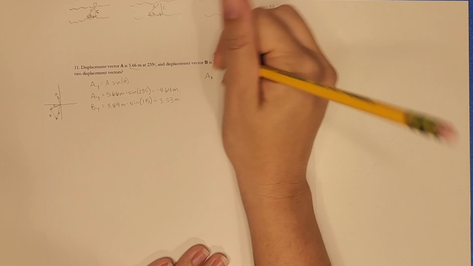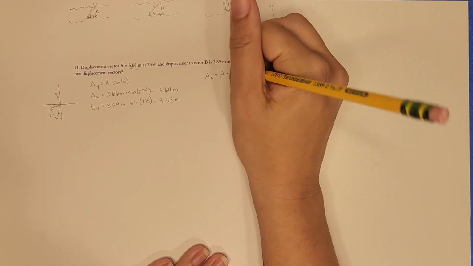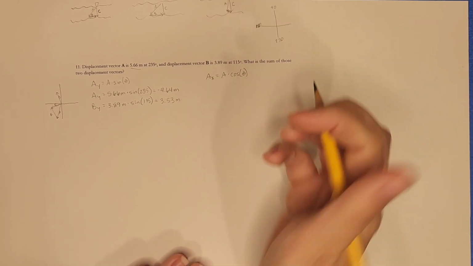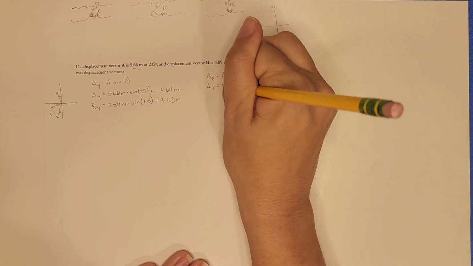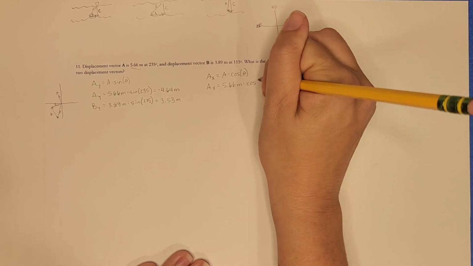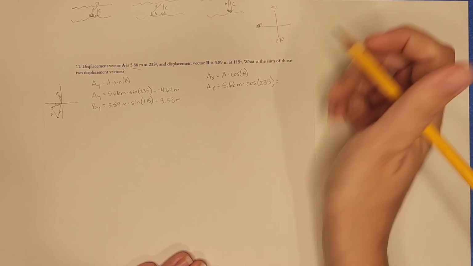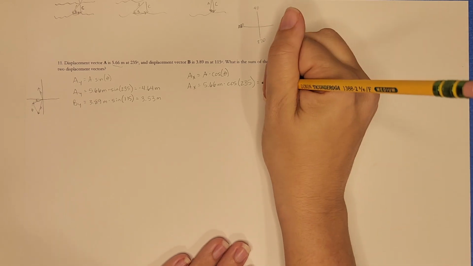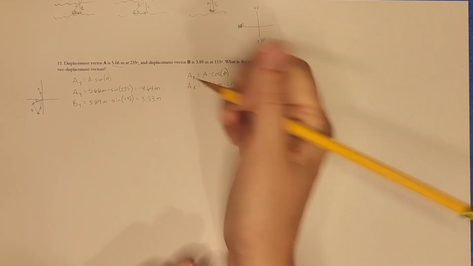As a reminder, ax equals a times the cosine of that angle. So my ax equals 5.66 meters times cosine of 235, and to three significant figures, that ends up being negative 3.25 meters.